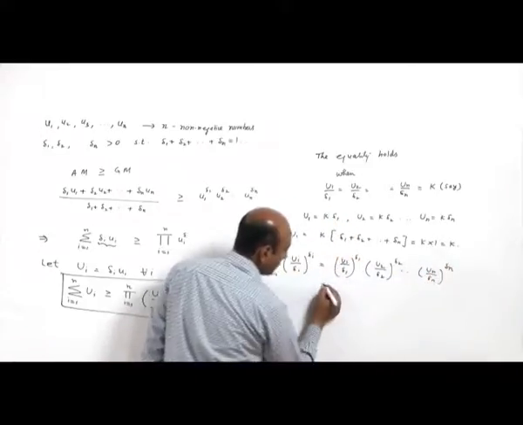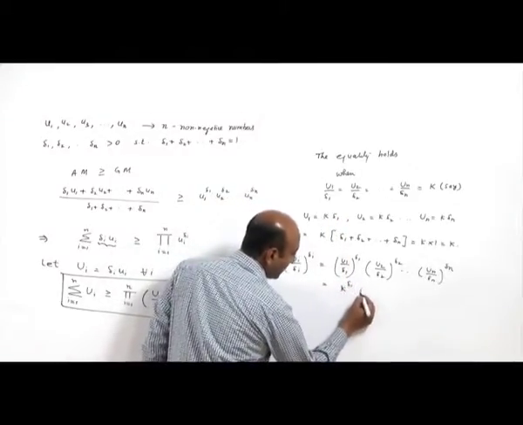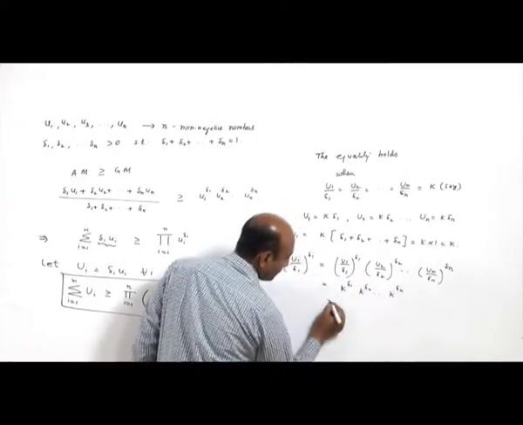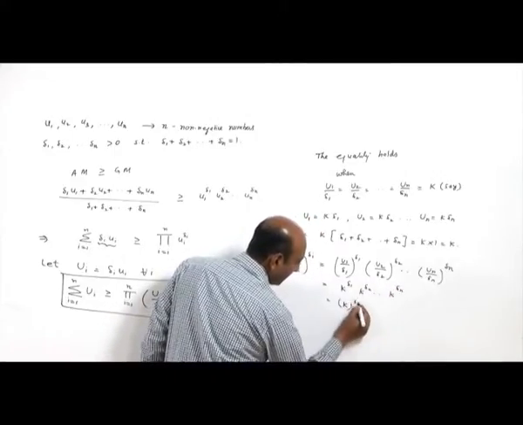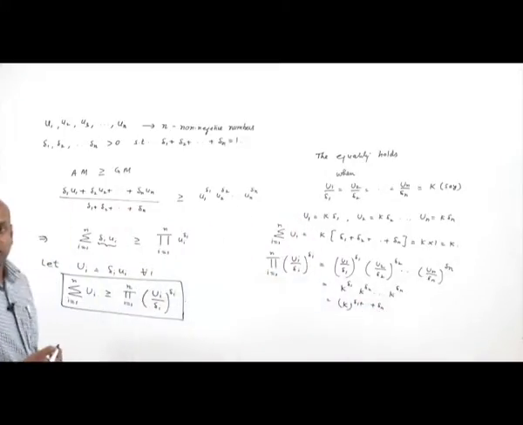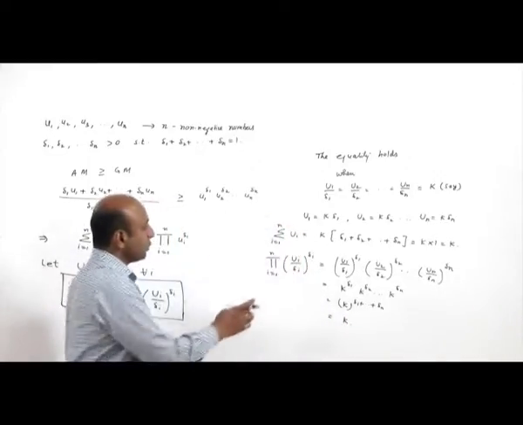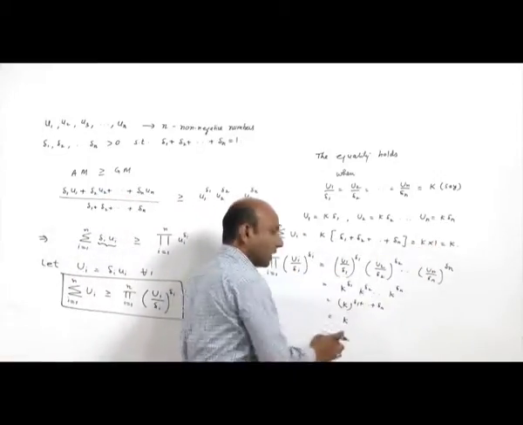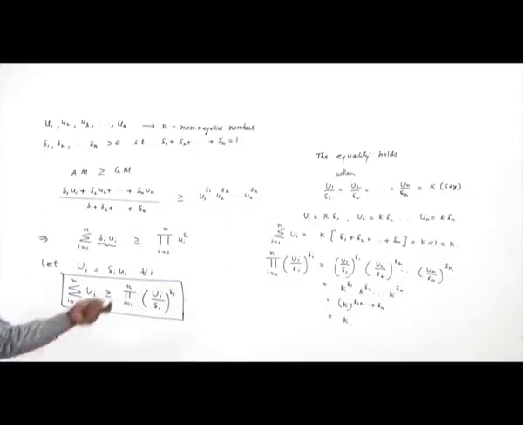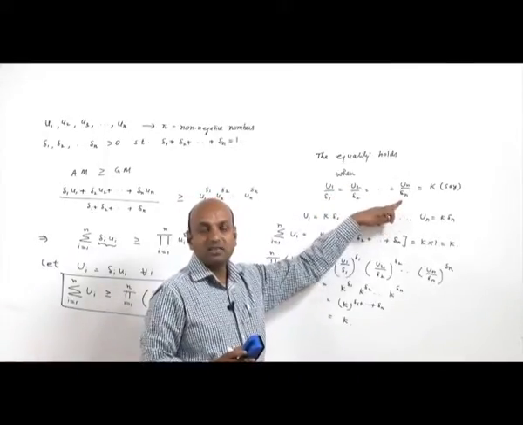So, it is equal to k raised to power delta 1, k raised to power delta 2 and so on, k raised to power delta n, which is k raised to power delta 1 plus delta 2 up to delta n, and sum of delta i is 1. So, it is k. So, this is also k and this is also k. So, equality holds when u1 upon delta 1 is equal to u2 upon delta 2 equal to un upon delta n. This we can easily say.